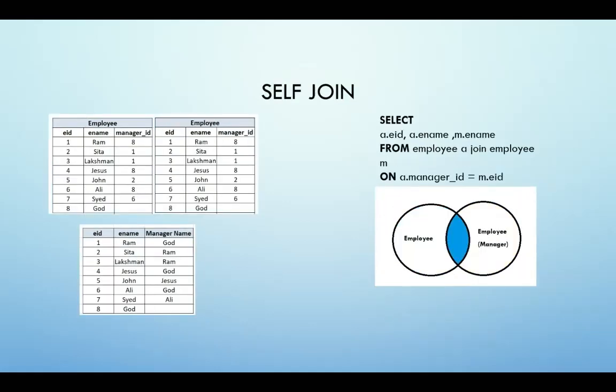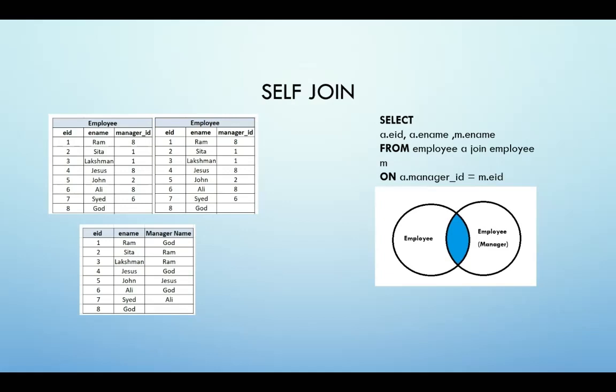Let's go with self join. Normally self join is a join condition that we frequently use when the same table has to participate in the join condition. As I mentioned previously, you need 2 or more tables to have a join criteria, but here there are some requirements where only a single table will be given to you and you need to create a join condition using that single table.